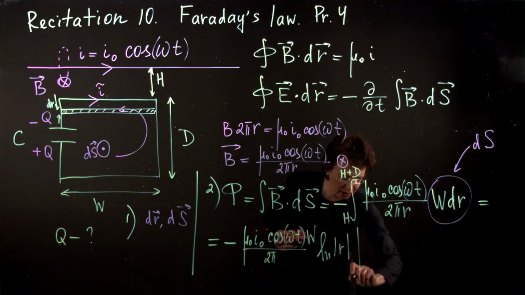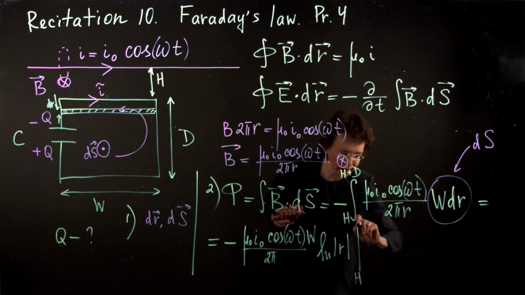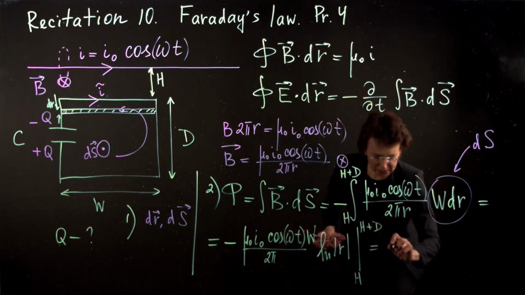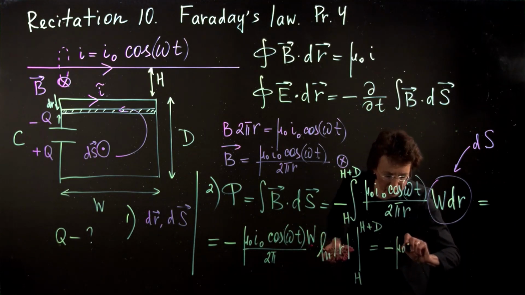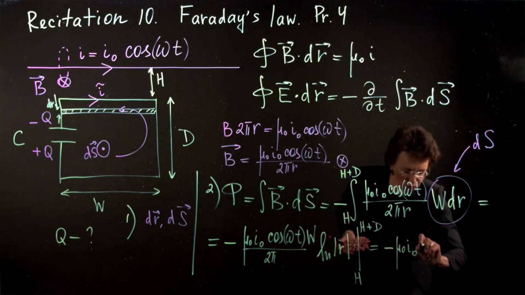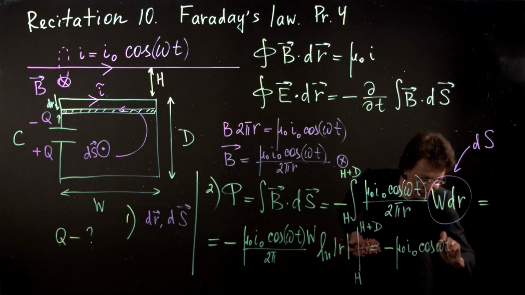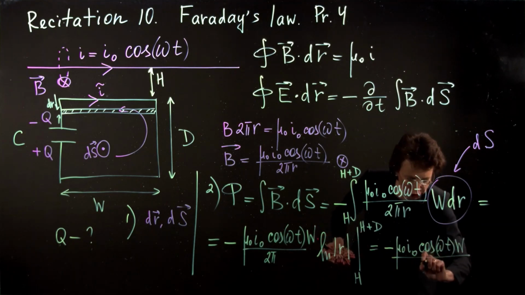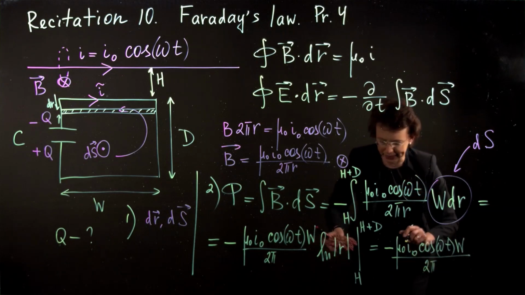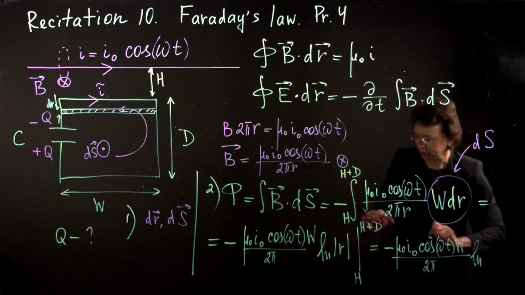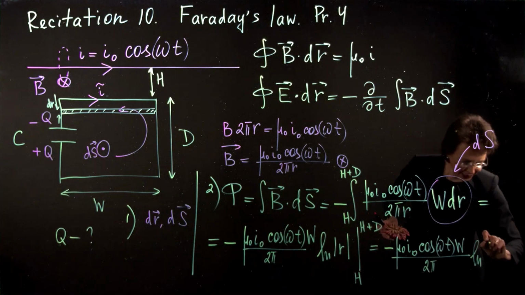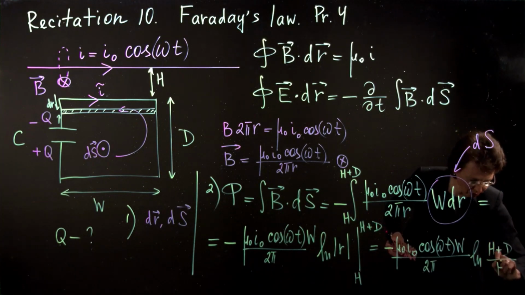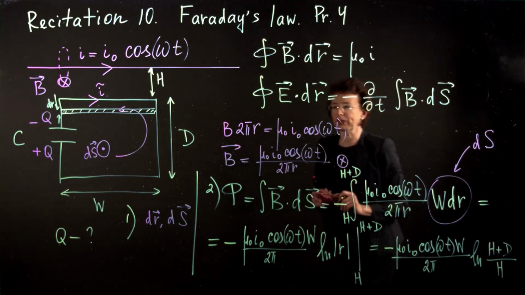And the limits are from h to h plus d. So it is minus mu naught I naught cosine omega t, then w divided by 2 pi, and then logarithmic function h plus d over h. We found the flux.